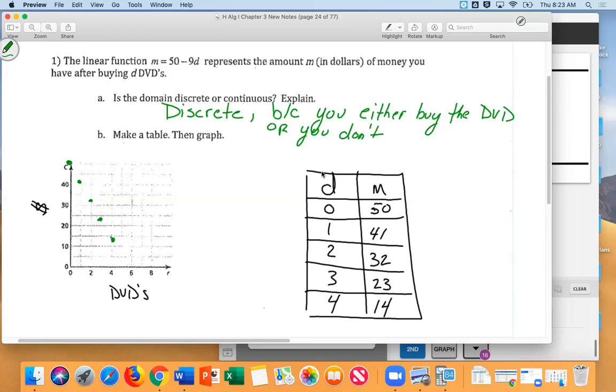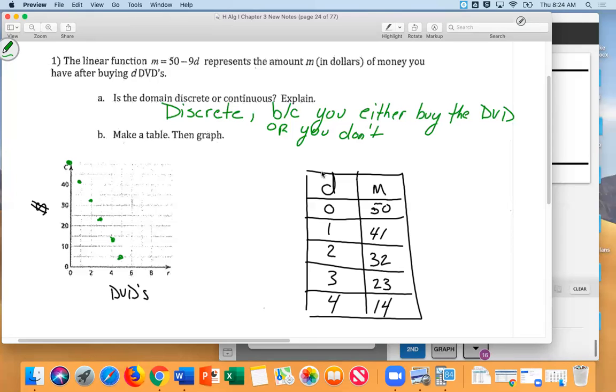Now, what's the maximum number of DVDs I could buy? Yep. 5. Okay? And at 5, I would have $5 left. Now, there's a couple ways you could do it. You could set this equal to like 0, and you could see how many DVDs you could buy.